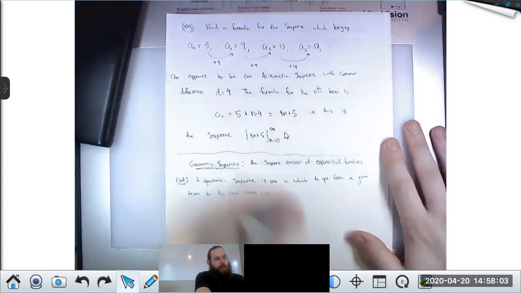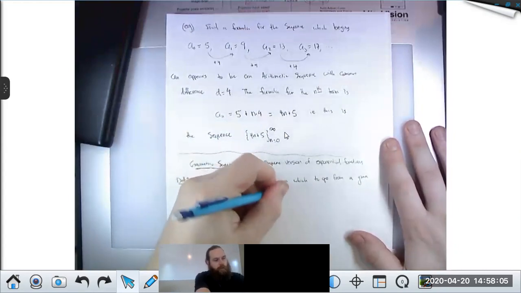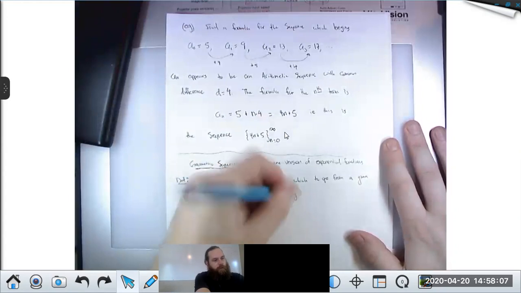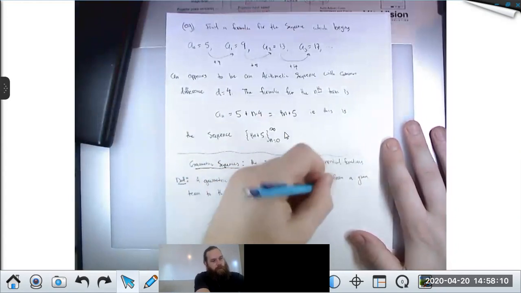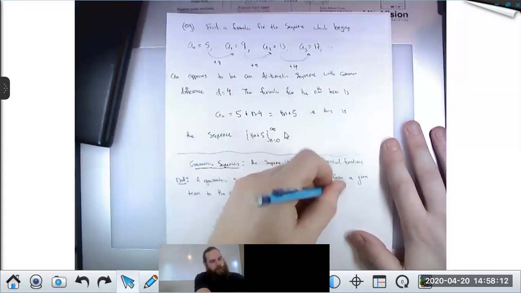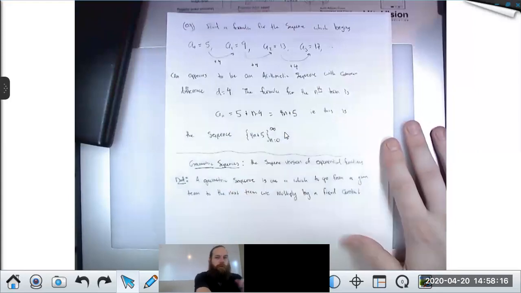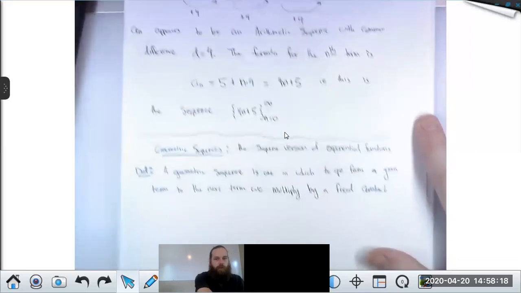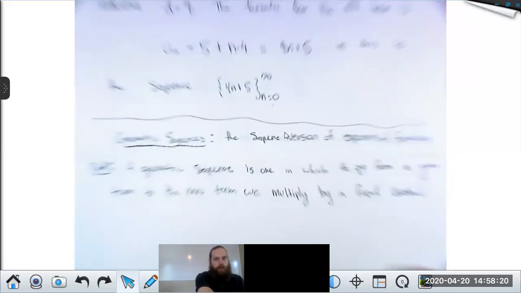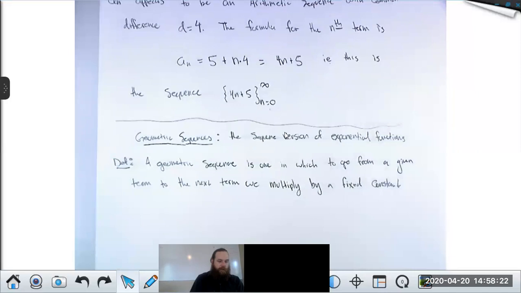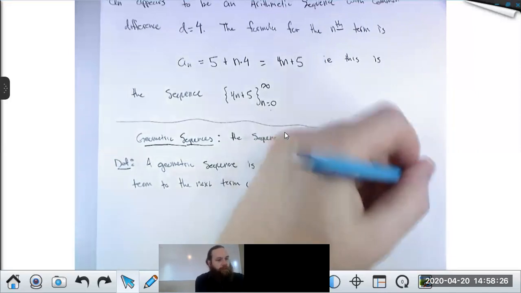We multiply by a fixed constant. And that fixed constant, just like in the setting of an arithmetic sequence, we call that fixed constant the common difference. Here we'll call this the common ratio.